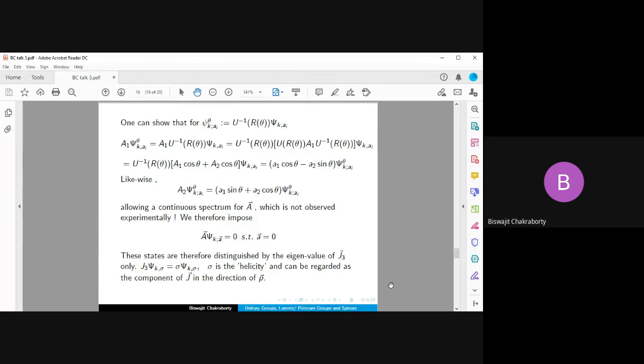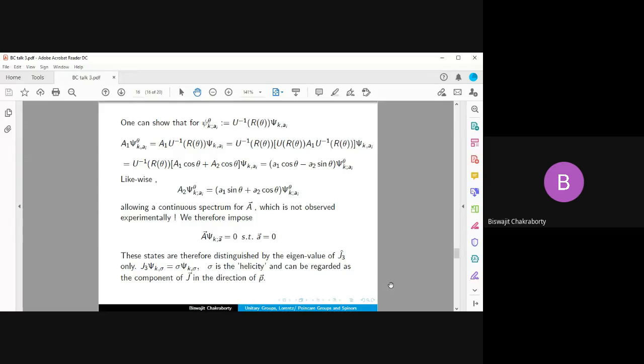Acting on the two-component Weyl spinors, sigma dot p hat produced eigenvalue plus or minus 1. Since the spin is half sigma dot p hat, we identified the spin eigenvalue with plus or minus half.